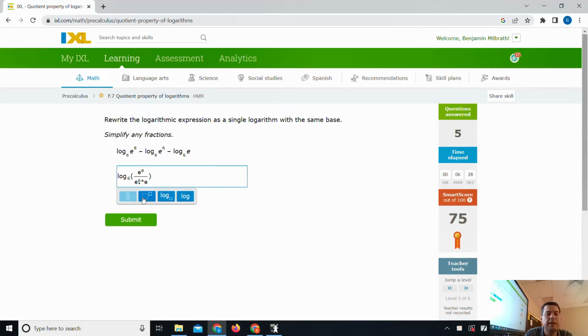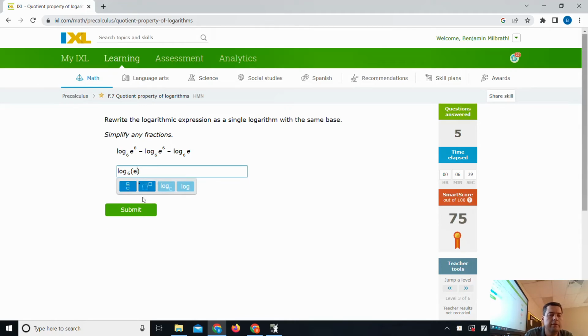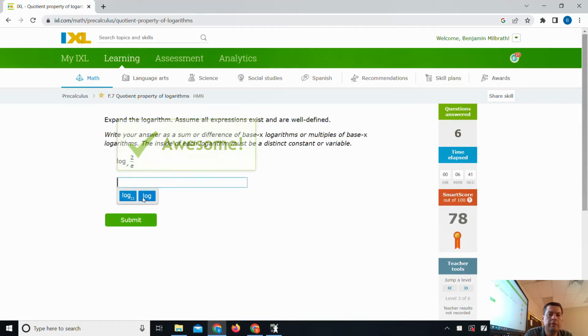So e to the 6th times e is going to be e to the 7th. And now if you look at what we have written, we have e to the 8th over e to the 7th. Well, e to the 8th over e to the 7th is just e. So that wasn't too hard.